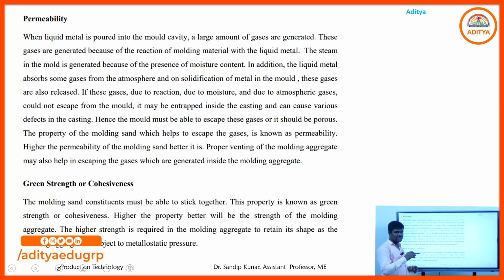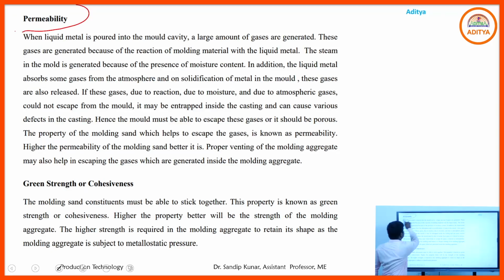Due to the emerging of that air, there are no gas bubbles and no gas porosity problems in the mold cavity, and the quality of the final product is good. That property is called the permeability property. Green strength or cohesiveness: green strength means the moisture is available in the molding sand.